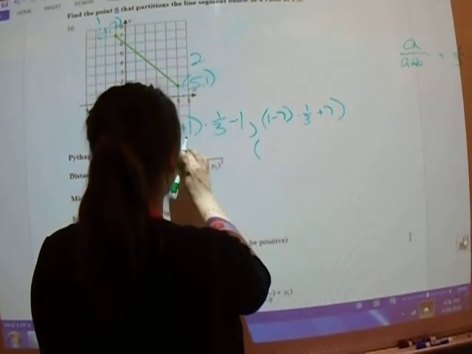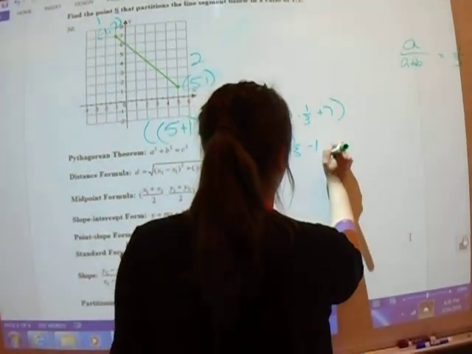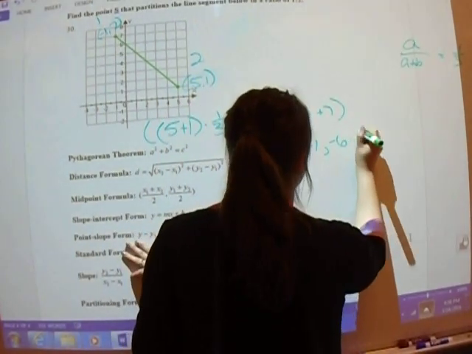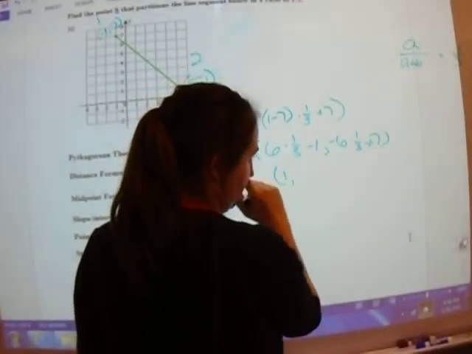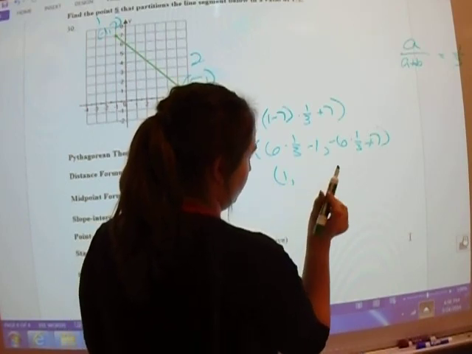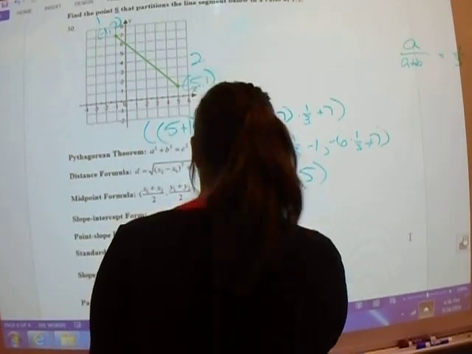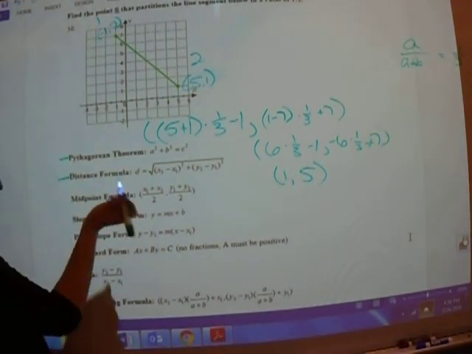And we end up getting 6 times 1/3 minus 1, comma, -6 times 1/3 plus 7. We end up with, this is 2, so it ends up being 1, comma, 5. Okay?